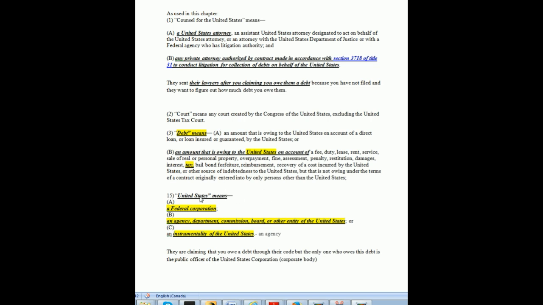The United States means a federal corporation. It means a corporate body. And they are trying to declare that you are part of this corporate body by being incorporated and operating under the role of a public office. You are an officer of the United States.